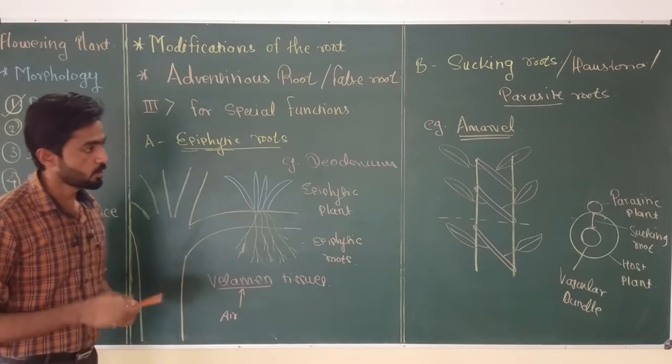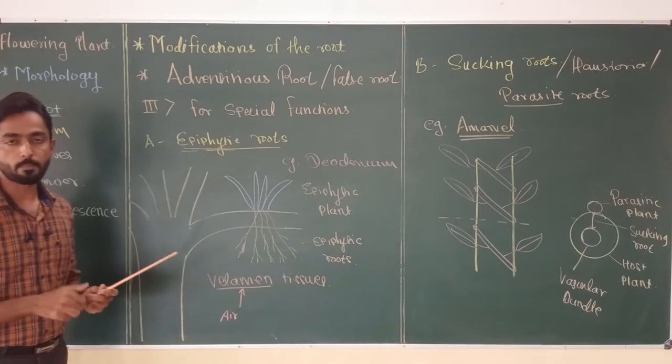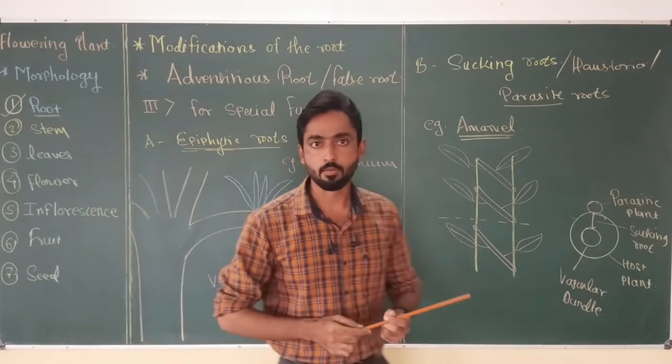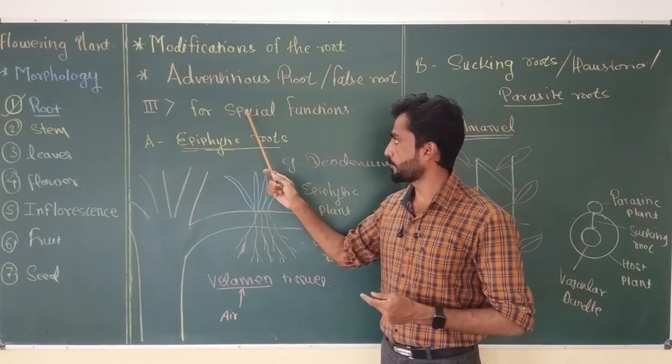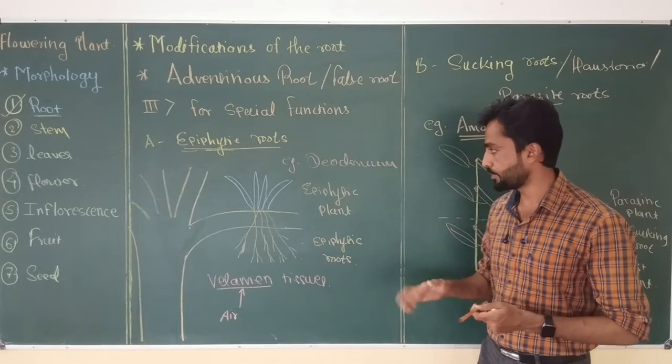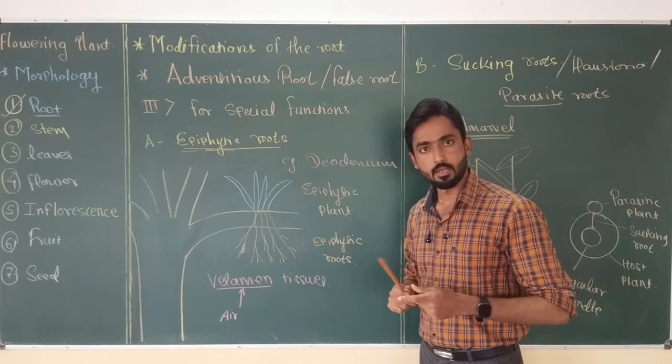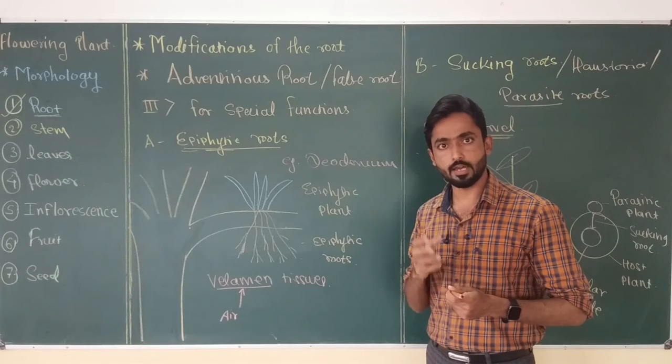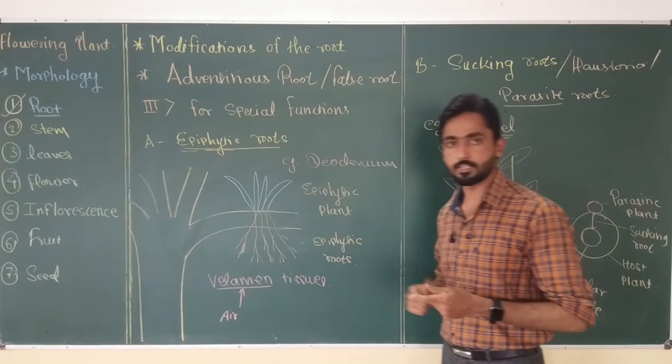So in this lecture, we discussed the two important modifications of the adventitious root for performing special functions. Number one, epiphytic root: the plant which grows on another plant and gets nourishment or gets water directly from the air is called an epiphytic plant.